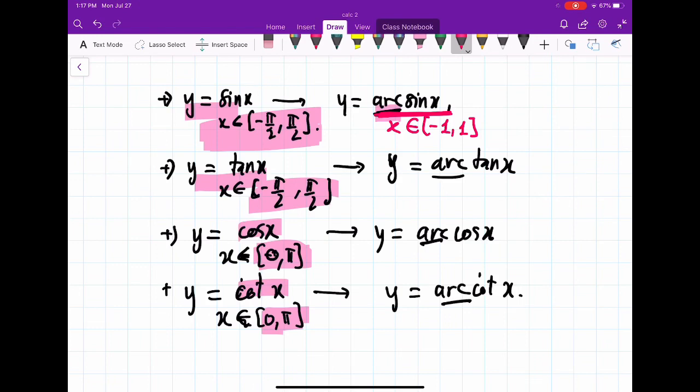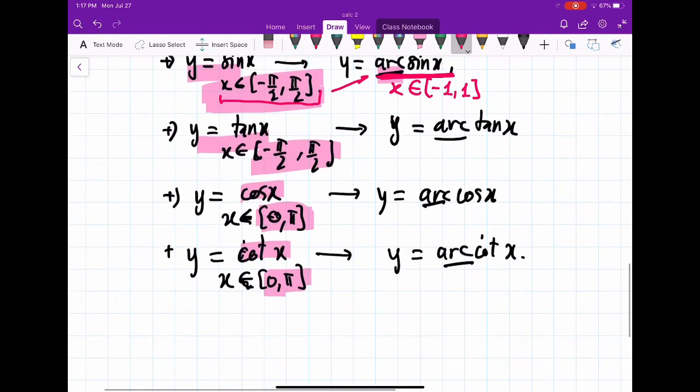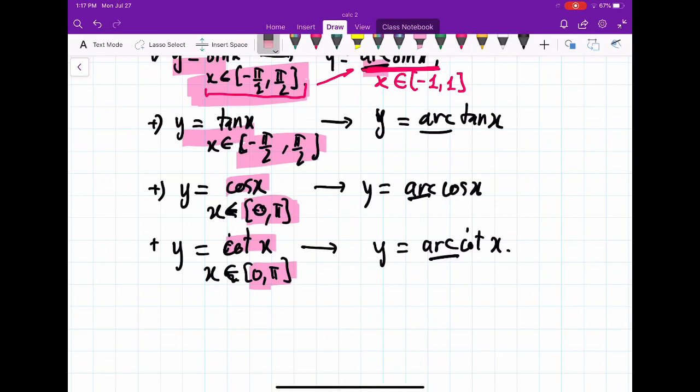Is that correct? And the domain of the sine will be the range of arcsine, just like that, right? If you move to tangent, it takes values from 0 to infinity. This is, the range of this function is 0 to infinity.